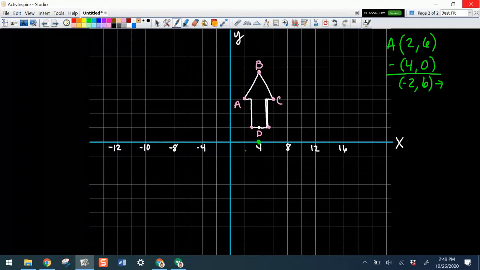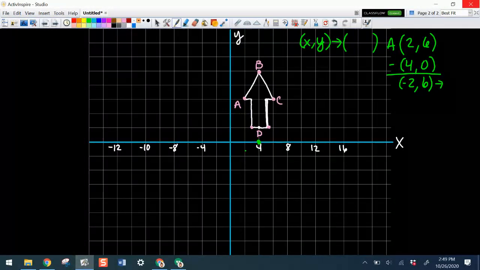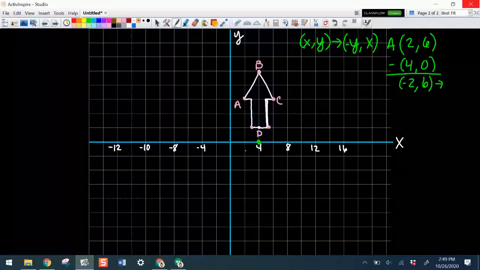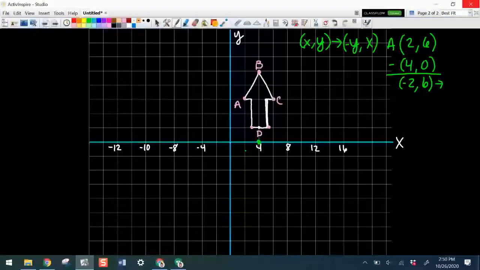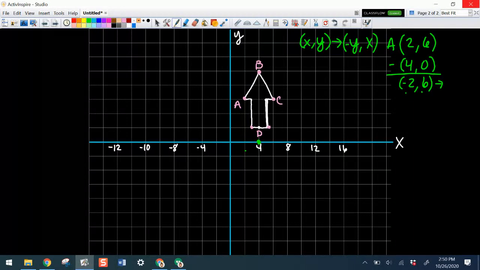Then we're going to perform the function. If I need to rewrite that function for you, every point is rotated 90 degrees counterclockwise. I believe the y and x swap, but we change the first sign. So we take the point (-2, 6), swap those two, and then change the first sign.